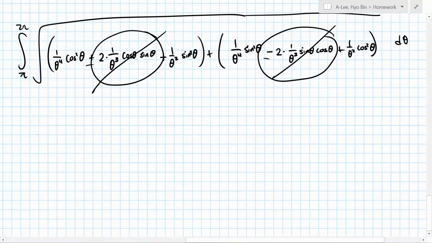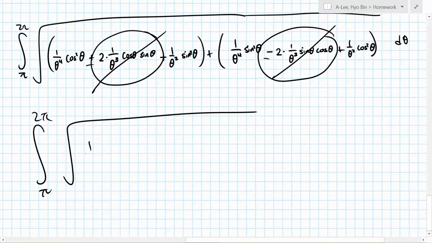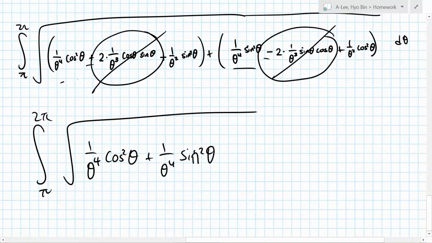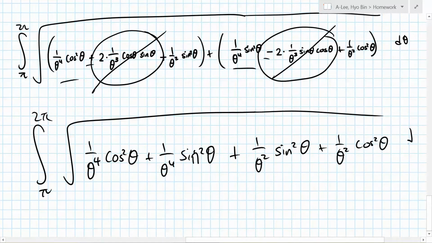And when we put these together, it'd be the integral of pi to 2 pi, square root of 1 over theta to the fourth cosine squared theta plus 1 over theta to the fourth sine squared theta. I'm just writing these two things together because I think there could be something cool to be done with that. And then that plus 1 over theta squared sine squared theta plus 1 over theta squared cosine squared theta d theta.